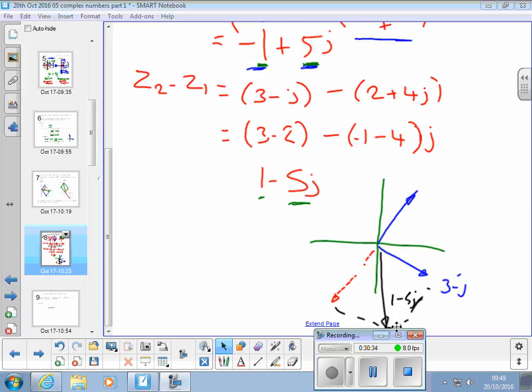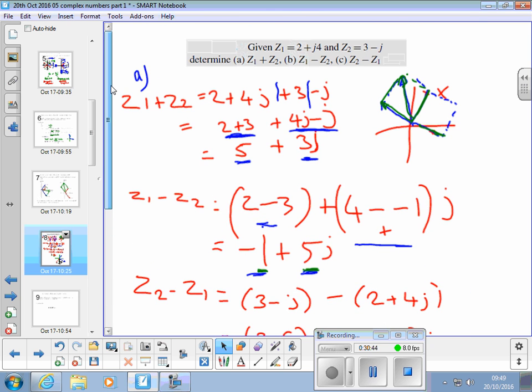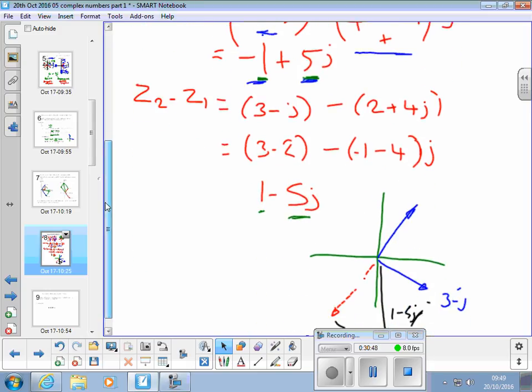Where 3 what? That's one of the two vectors that we're, it's part of the question. Z2, sorry, is 3 minus j. It's that vector there. We've taken 2 plus 4j away from 3 minus j.